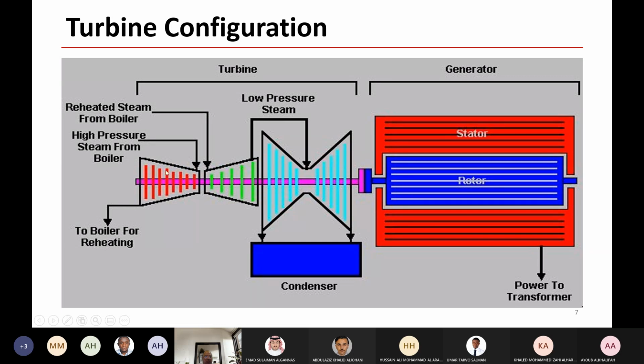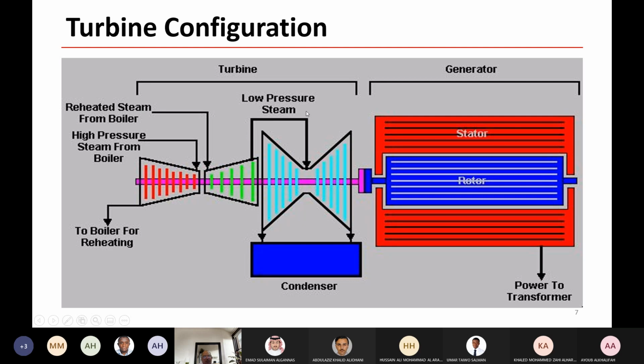Some portion of the torque is provided by this one. Then we can take the steam output of this and send it back to the reheat. We take the steam here and we reheat it, so we can send it to another section of the turbine.